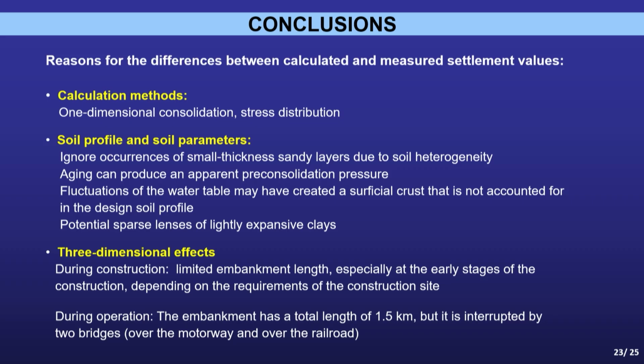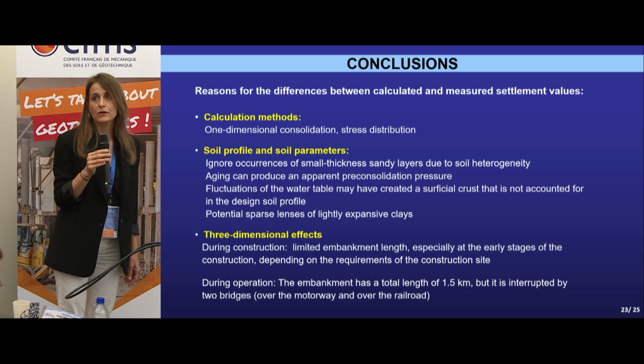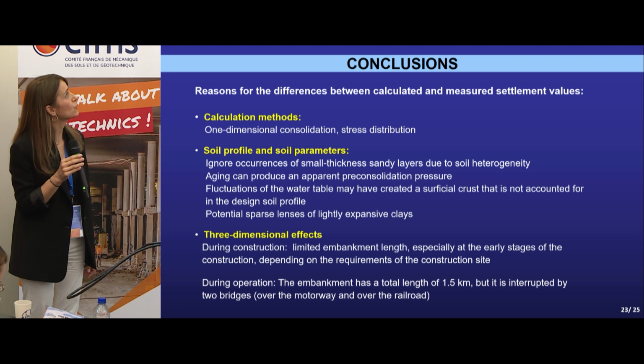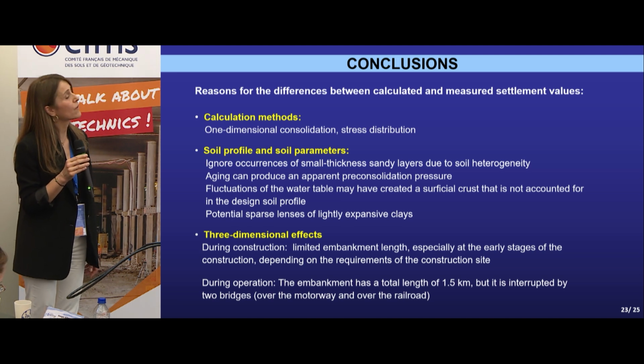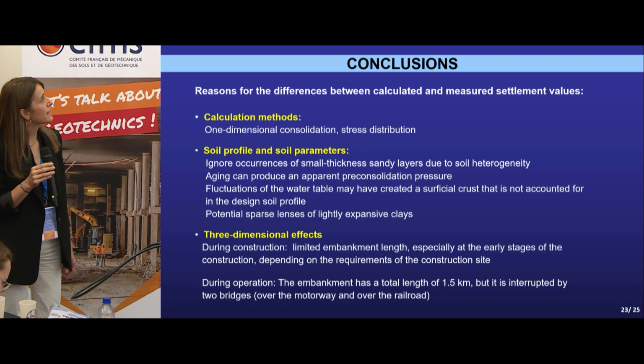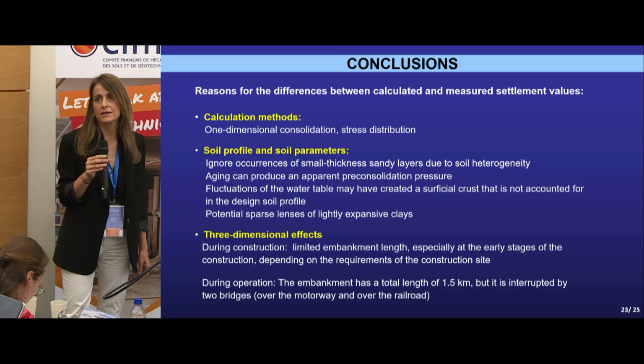Why are the calculated settlements so different from the measured values? I will not refer to the most obvious reasons, which have to do with the calculation method or the assumptions regarding the soil profile and the soil parameters, but I will emphasize the three-dimensional effects.